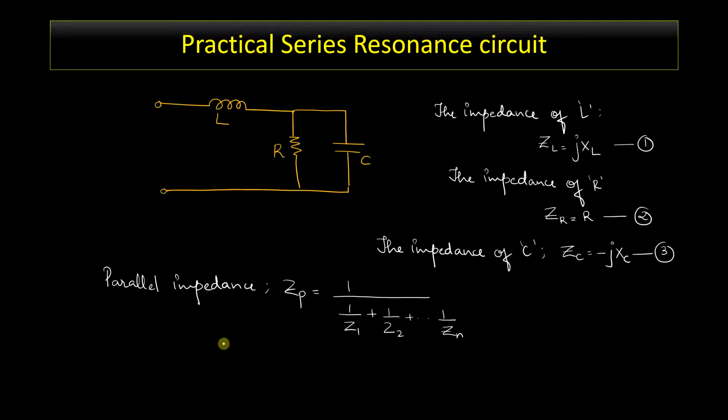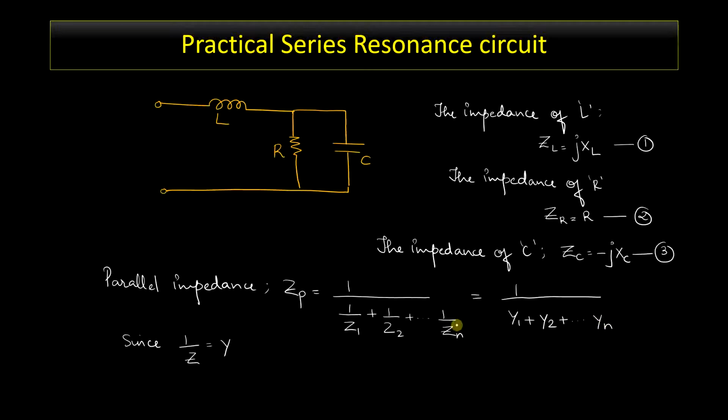But in our case, we have only two branches, one which consists of the resistor, the other one which consists of the capacitor. And if you observe the expression for computation of parallel impedance, it is 1 divided by 1 by Z1 plus 1 by Z2 and so on. And since 1 by Z is equal to the admittance Y, I can also write this expression to be equal to 1 divided by Y1 plus Y2 plus Yn.